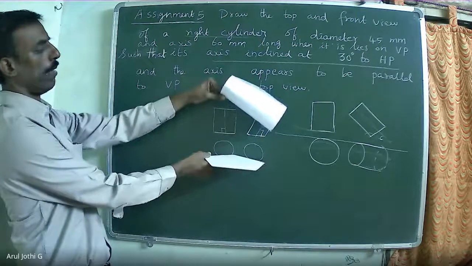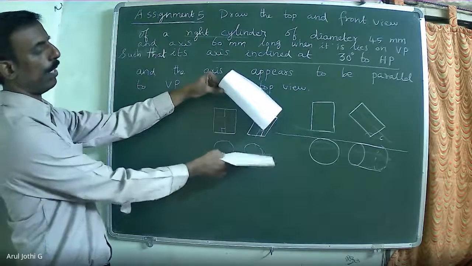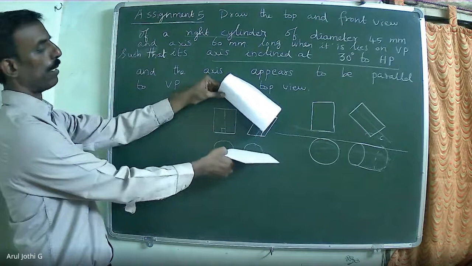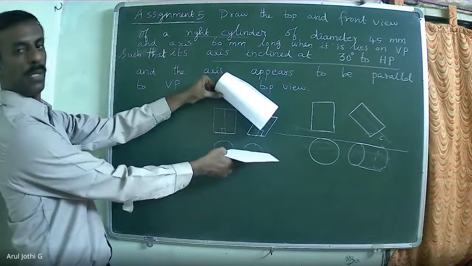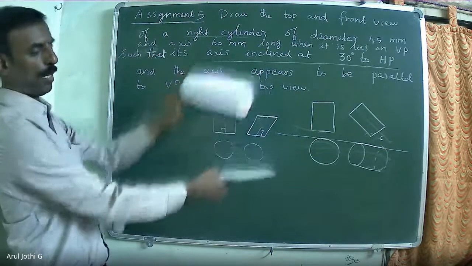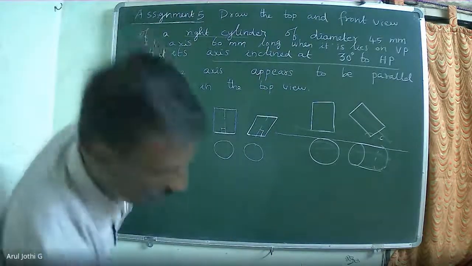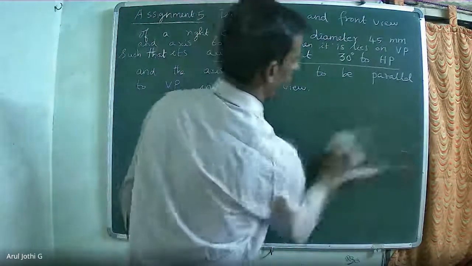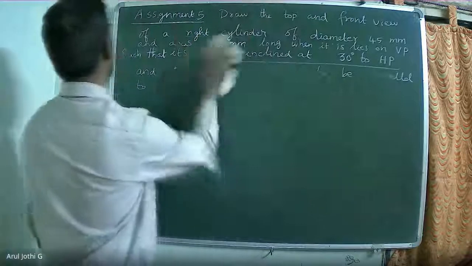The second diagram, axis will be inclined to HP and the top view, that is generator or cylinder is lying on VP. So this is the orientation available. Okay. How to start the diagram? Since axis inclined to HP, we need to start with the top view.